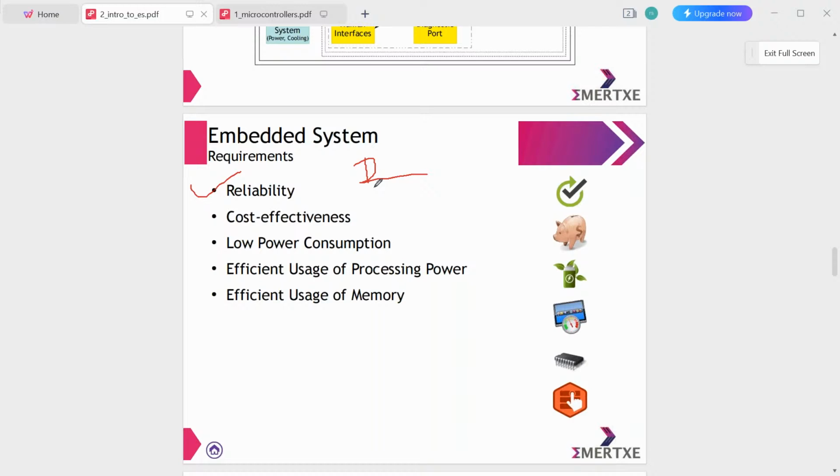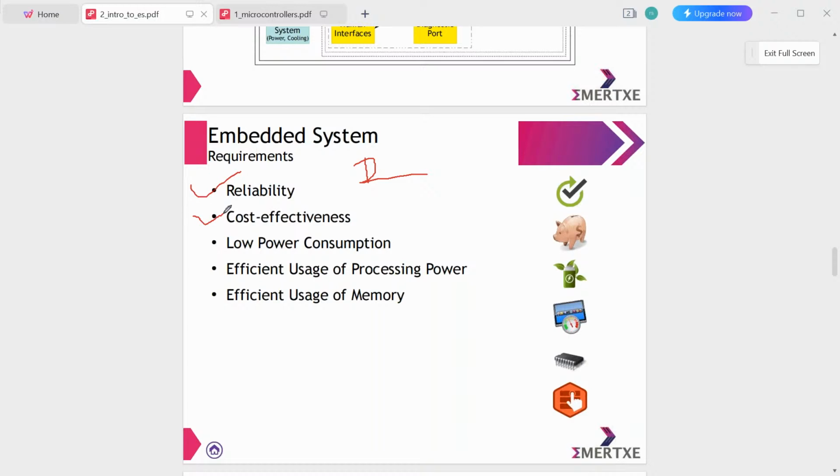Then later it's not working at all. Don't you think it's not reliable? Whatever you said, it's not working accordingly. If it is not reliable, am I going to refer your product to my friends and family members? The answer is no. So the market value goes down. Understood? So make sure whatever product you design, it is reliable.